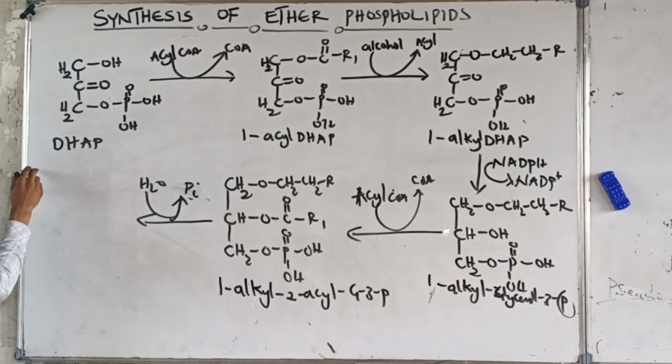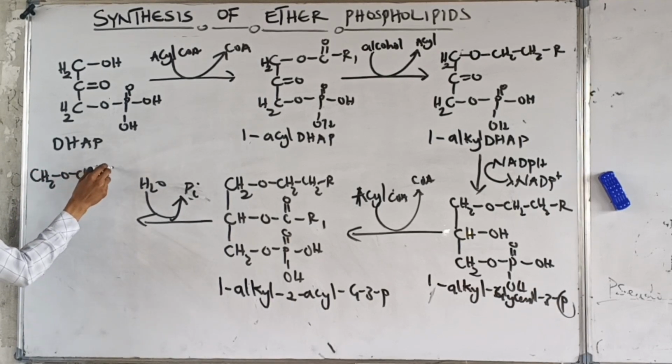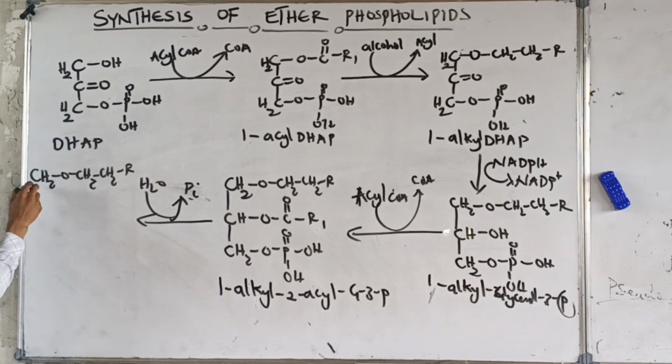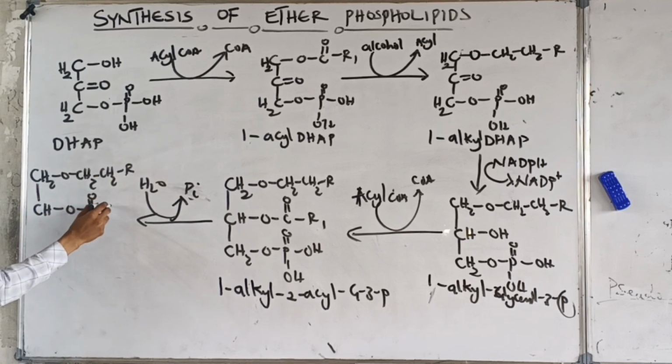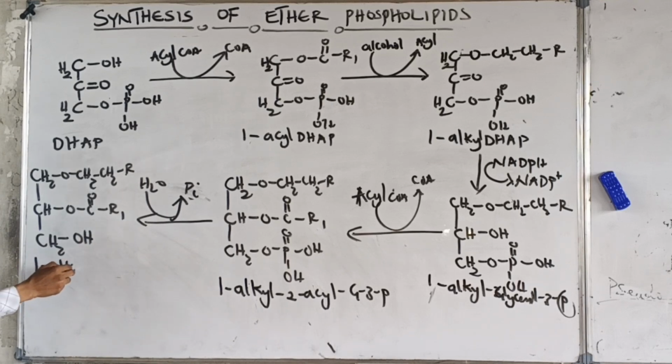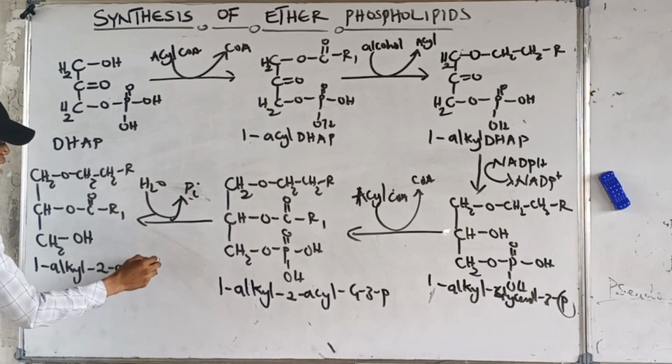So we'll now be having CH2O. Then we'll have this. Now the phosphate group has been removed. So we'll now be having OH here. So what we now have is 1-alkyl, 2-acyl glycerol.